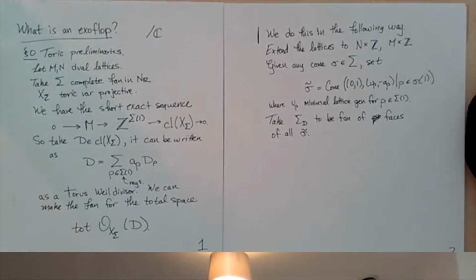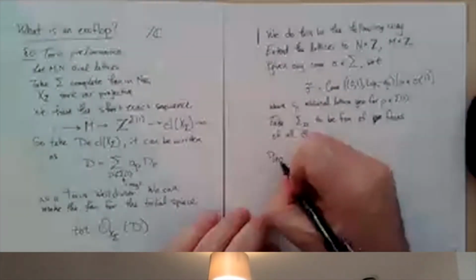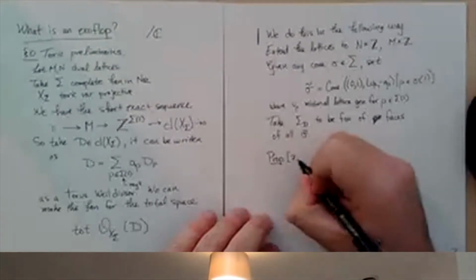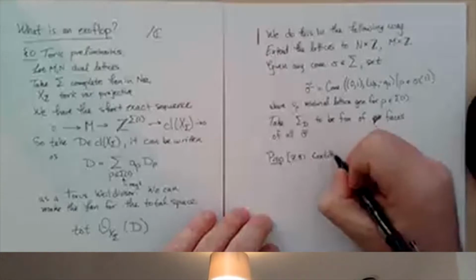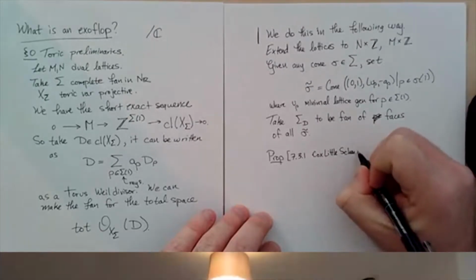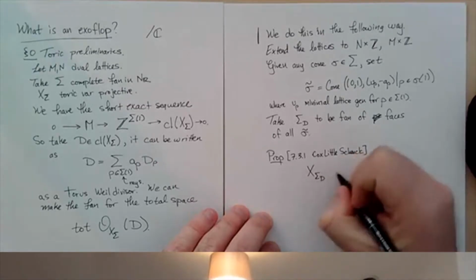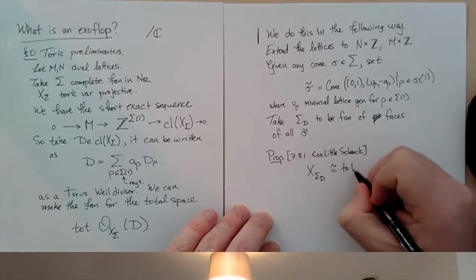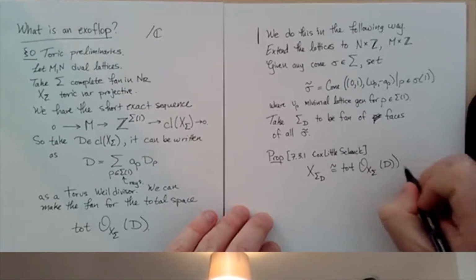Okay. And then the proposition that we end up with, this is 7.3.1 of Cox-Little-Schenck, is that the toric variety associated to this new fan is the total space of O_X_sigma(D). Okay.